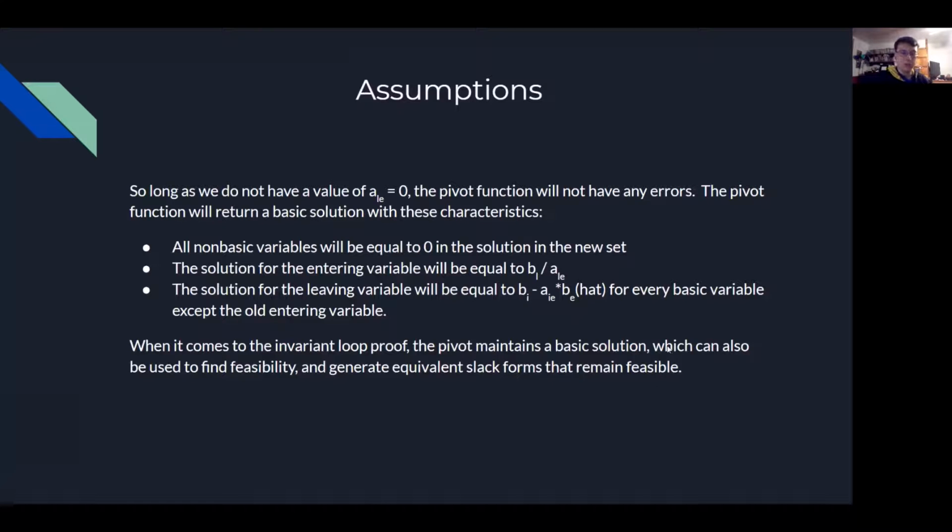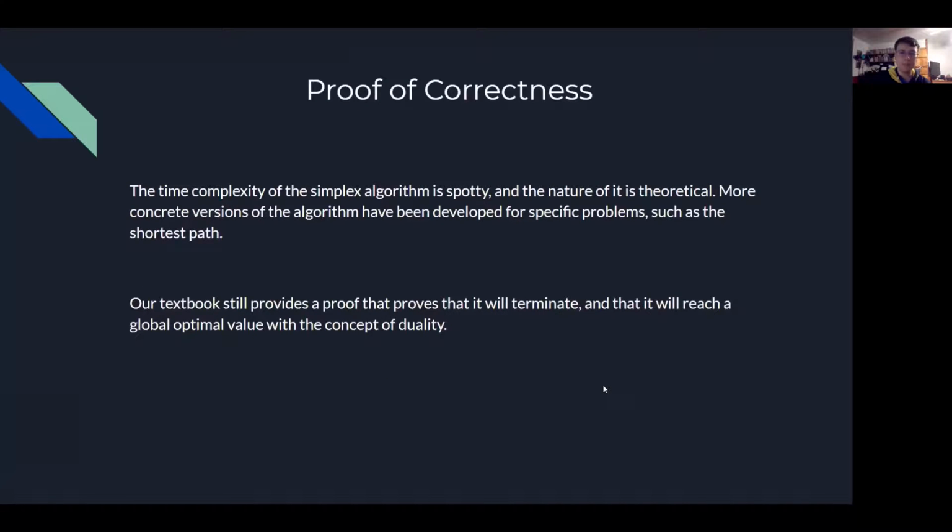And when it comes to the invariant loop proof, the pivot maintains a basic solution, which can also be used to find feasibility, and it'll also generate equivalent slack forms that remain feasible. So we've already seen that the time complexity is pretty spotty, and the algorithm seems more theoretical than fully understood.